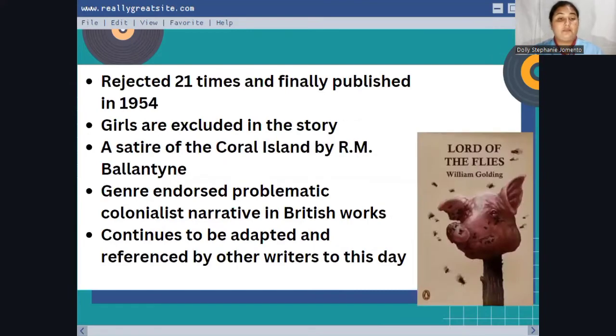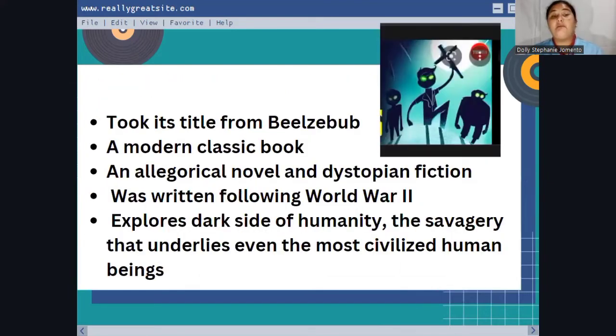So the next bullet, a modern classic book and an allegorical novel and dystopian fiction. So Lord of the Flies is a modern classic book, an allegorical novel that employs a realistic situation of a group of boys stranded on a desert island to embody abstract ideas about human beings' inherent savagery, and the dangers of mob mentality and totalitarian leadership.